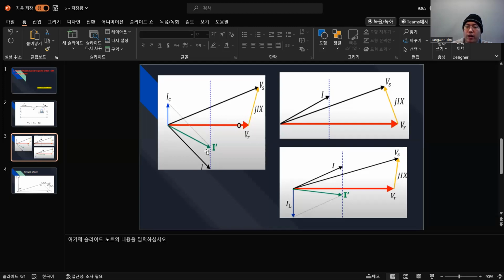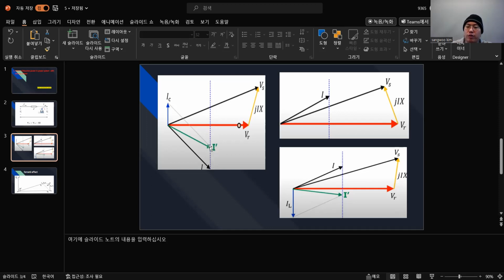And then we add this, put here and then here. But since we added C, what happened? IC plus I makes this green line.